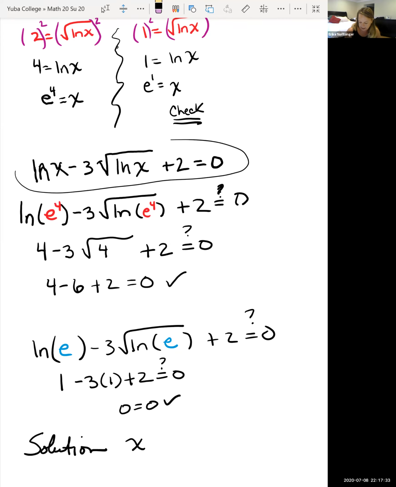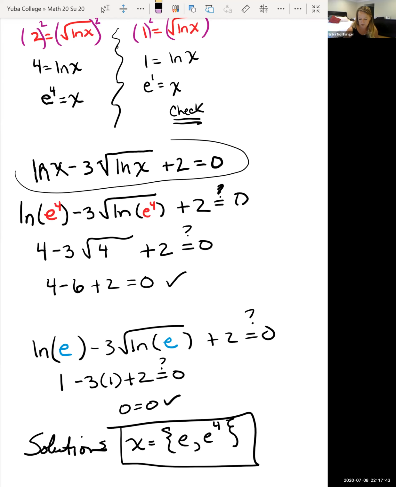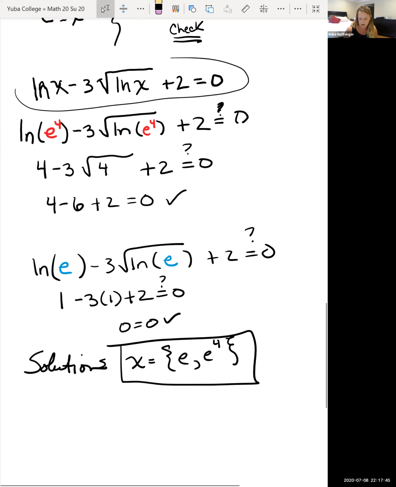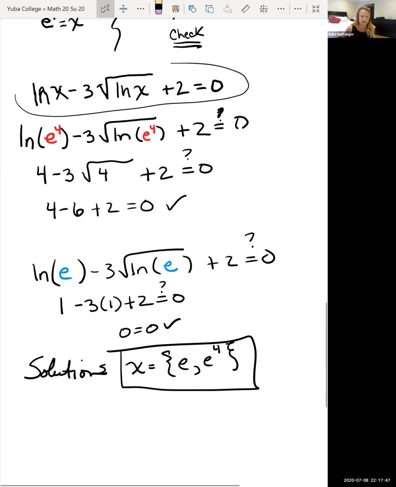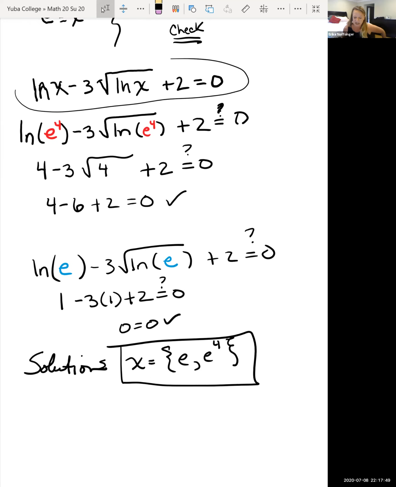The set is e and e to the fourth. So that was actually kind of a good review of being able to manipulate certain equations to rewrite them in terms of quadratic equations to solve.